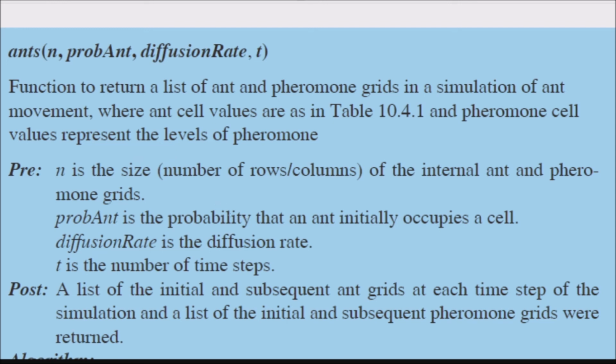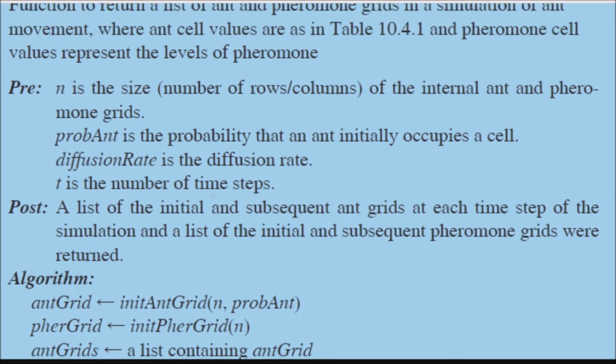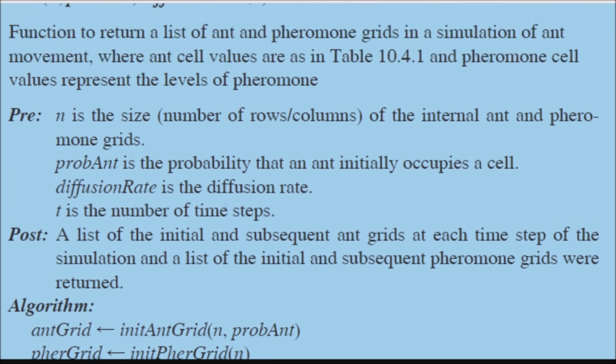This third function is called ants, and it returns a list of ants and the Fermat grids in the simulation of the ants' movements. So we have the simulation going with all three functions together. Here again, the input for this function is nothing but the n grid, right?